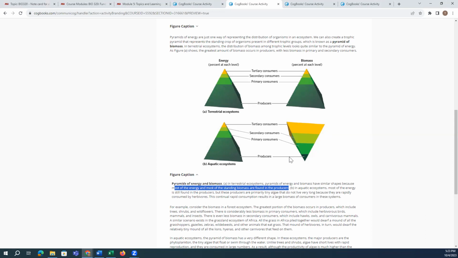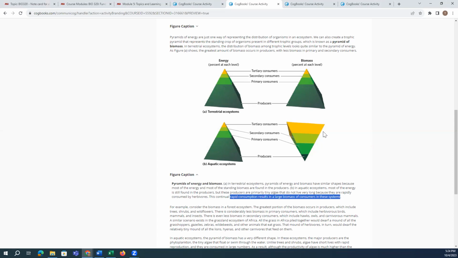And in aquatic systems, it's the opposite. The producers, because they have short lives and there's rapid consumption, right here is kind of the key, results in a larger biomass of consumers. So the algae are there, but they die very rapidly and they're consumed very rapidly, so the biomass is actually highest in your tertiary consumers.